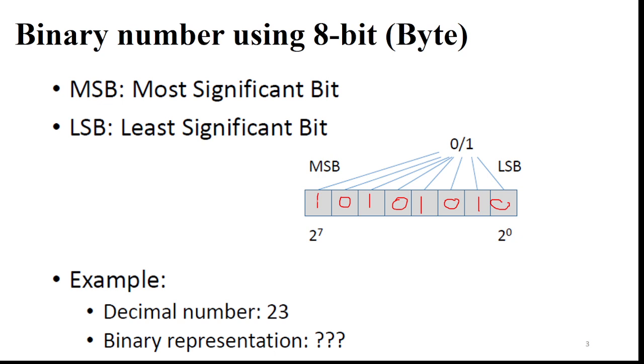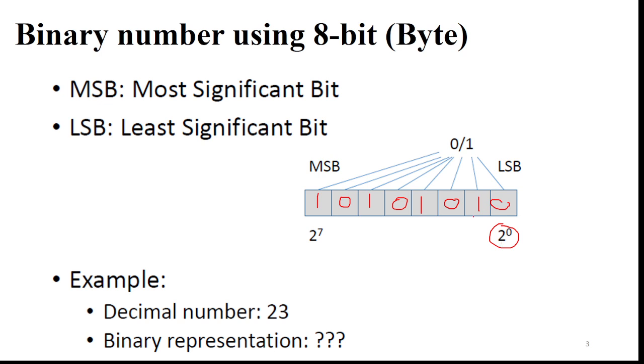Now, each binary digit, each bit, represents a power of 2. So the least significant bit starts from the right with 2 power 0.